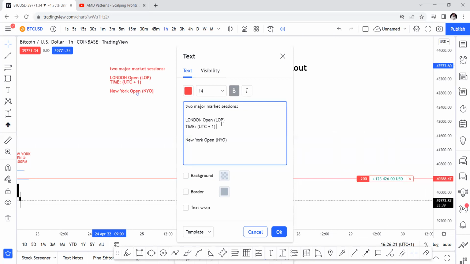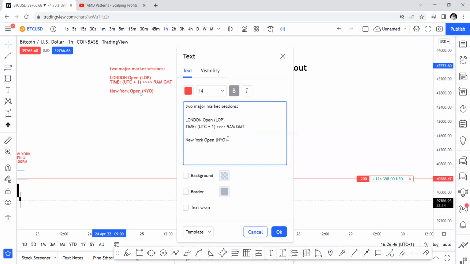So you can set TradingView to UTC +1, which is GMT. London falls right around 9 a.m. GMT.